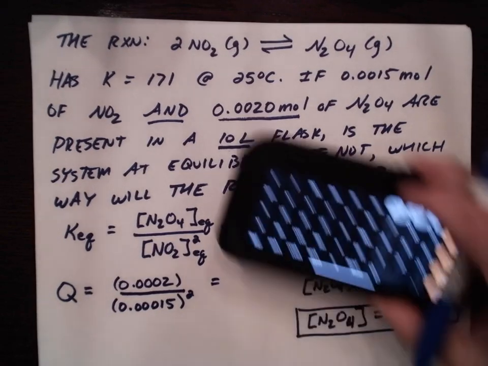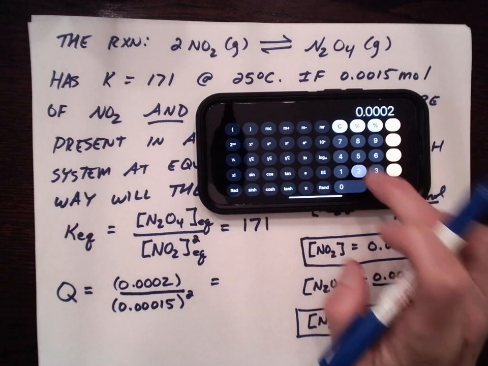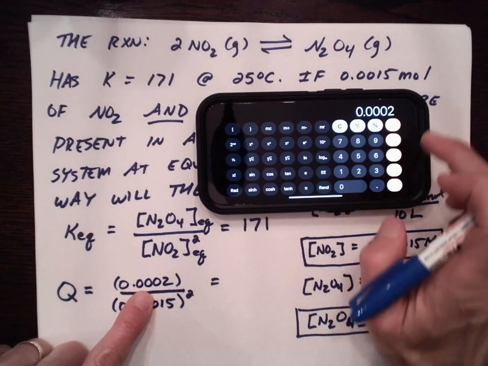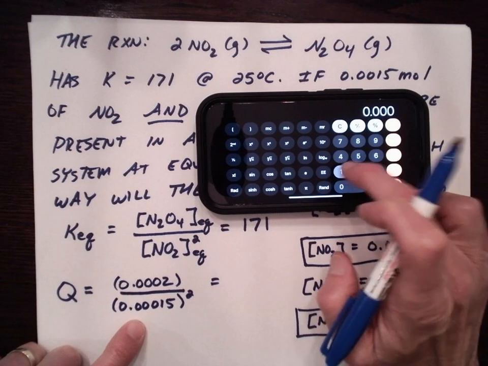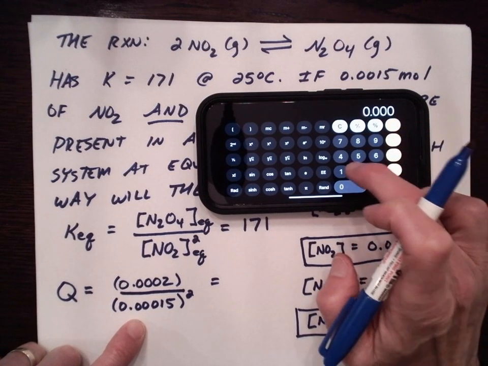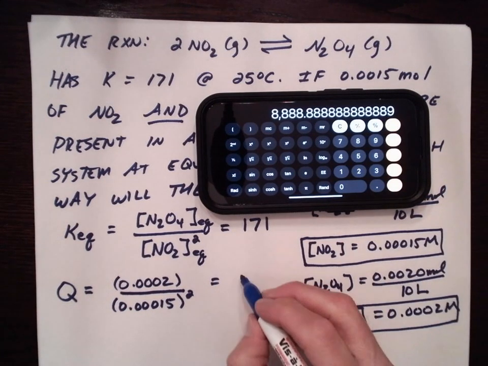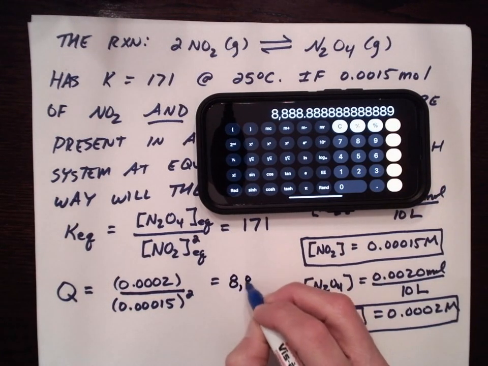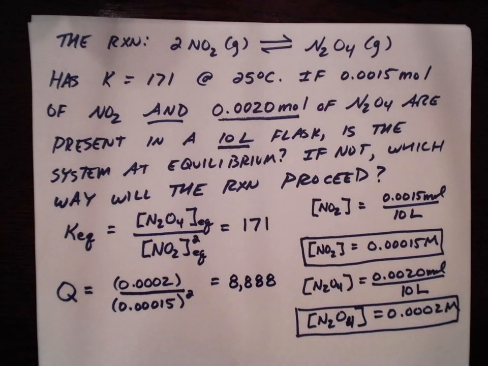Well, let's find out where we're at. 0.0002, that's my numerator. We're going to divide that by 0.00015, then we'll divide that by 0.00015. So I've divided by that squared. We are at 8,888.